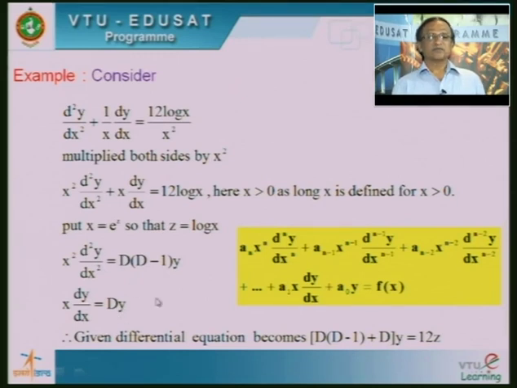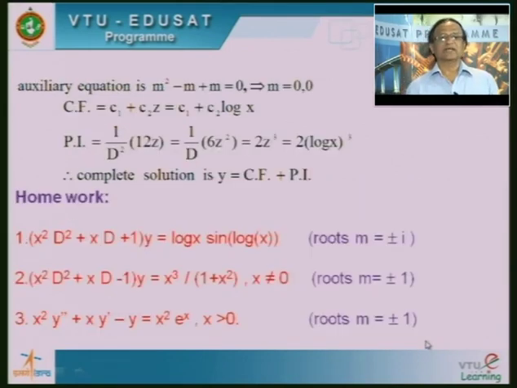So, I can substitute these values in this equation, then it becomes a linear differential equation with constant coefficients, namely (D(D minus 1) plus D) y is equal to, the right hand side being 12 log x, means z, that is why it becomes 12 z.